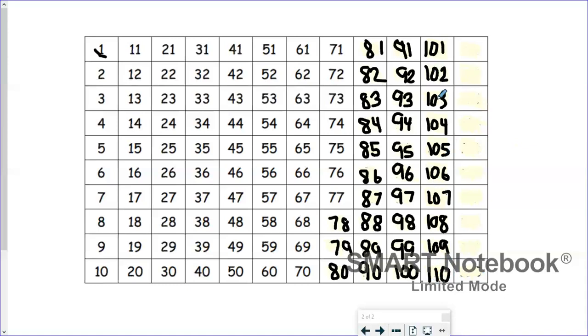I'm going to keep counting. We have one row left. So after the number 10, just like over here, I notice that the next number is 11. So the only difference in this number is that I'm going to put my 1 first in the 100s place, and then I will write my number 11. So 111.